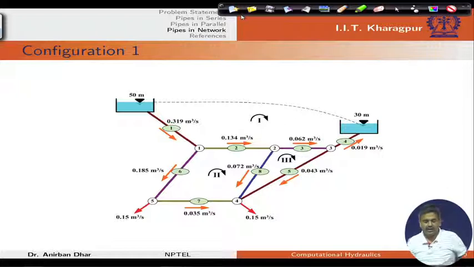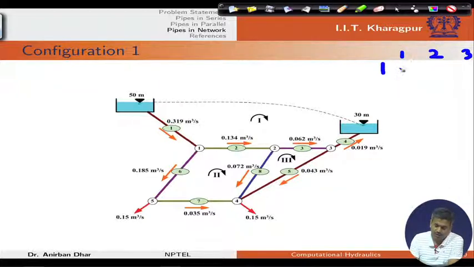So, obviously if I consider pipe 1, this is having negative flow for loop 1. These are loop numbers 1, 2 and 3.